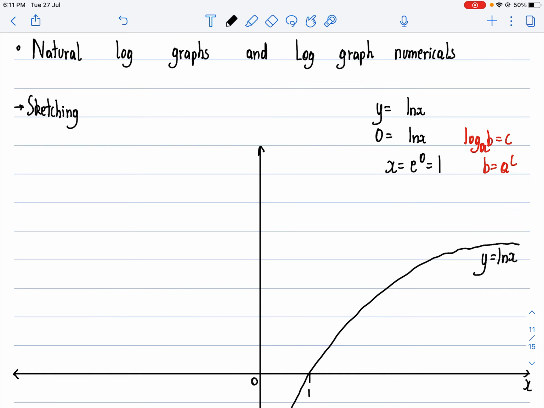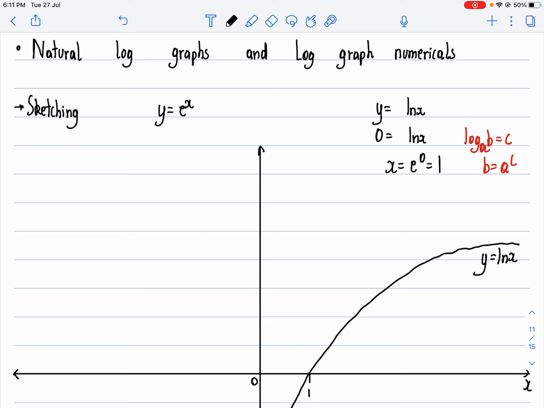The second type of question which they ask is y equals e raised to x. Here you need to note that this can never touch the x-axis, because here you can't get 0 equals e raised to x, because when you take ln of both sides, ln of 0 is not possible.